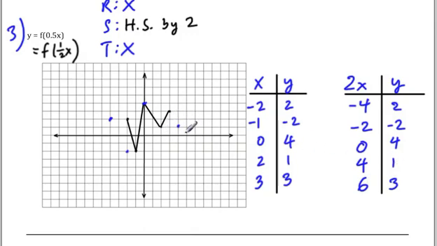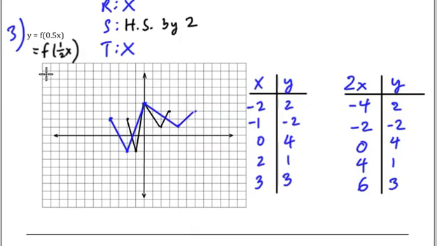And finally 6, 3, so 6, 1, 2, 3. That's that point right there. And if we just connect all the points, we get that one goes like this, and that one goes like that, like this, and finally like that.